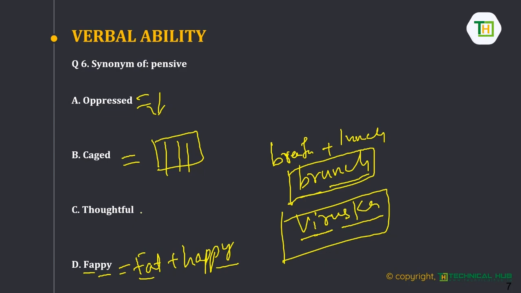And thoughtful is thinking of something. Actually the pensive meaning is thoughtful, and this is the right option. I think so. So this is the answer. Obviously option A is wrong, option B wrong, and option C also wrong, right? So let us move to the next question.